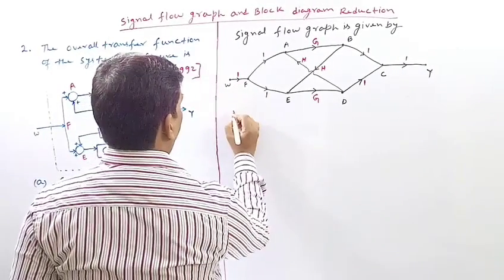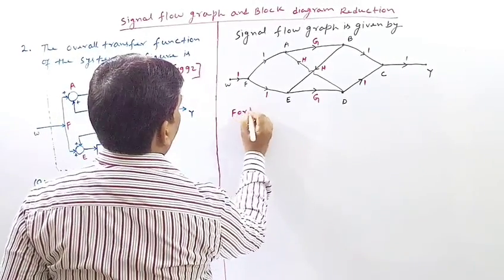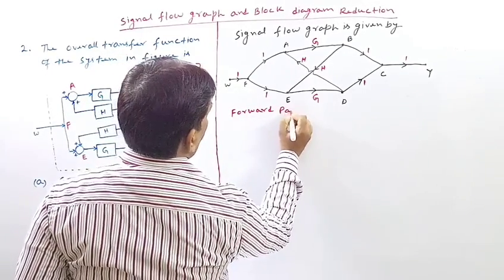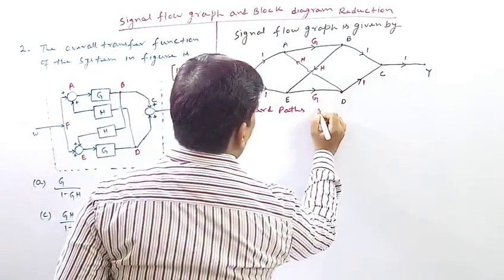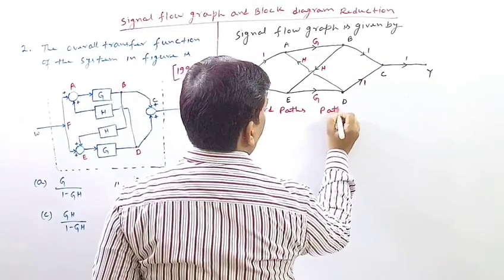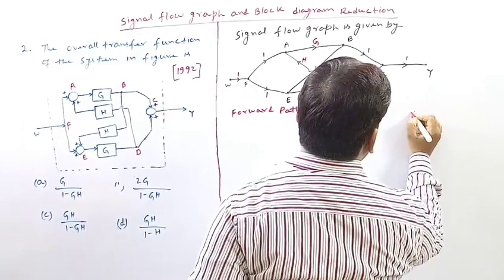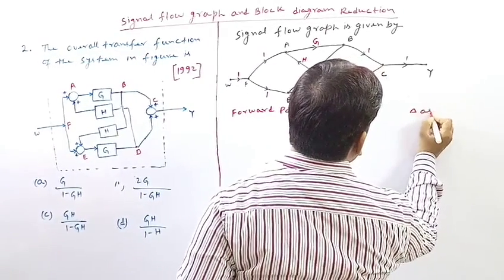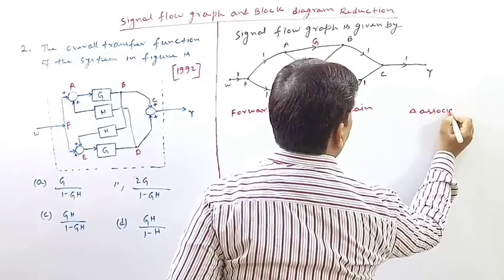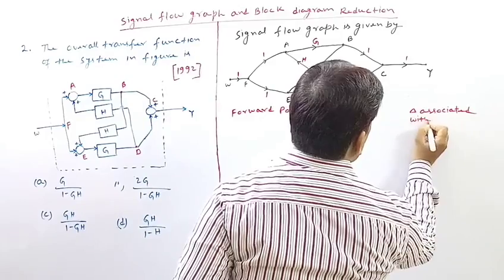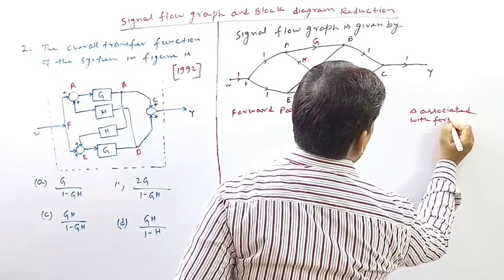Here we should write the forward paths, here the path gain, and here the delta associated with that forward path.